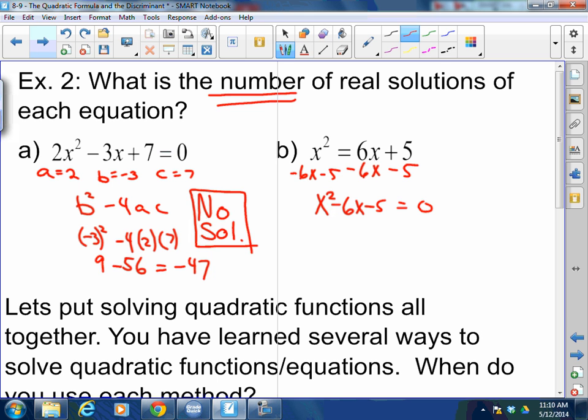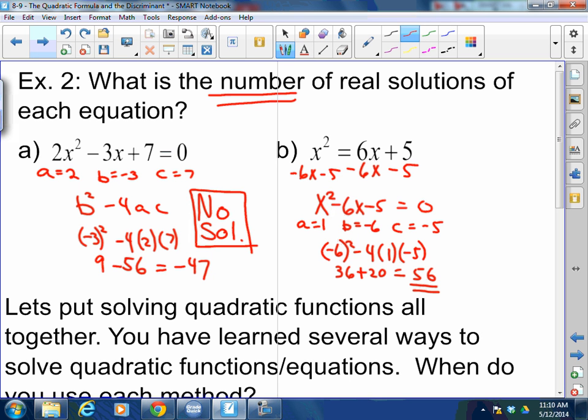Let's find out how many solutions they got. What's my A? 1. Good. What's my B? Yes, excellent. What's my C? Excellent. So b squared minus 4 times a times c. That's 36 plus 20. That's positive 56. How many solutions?